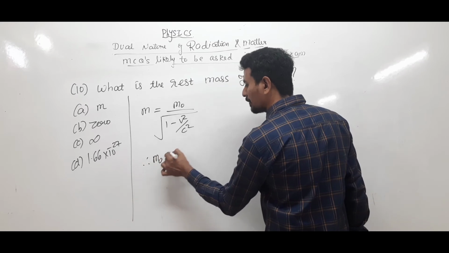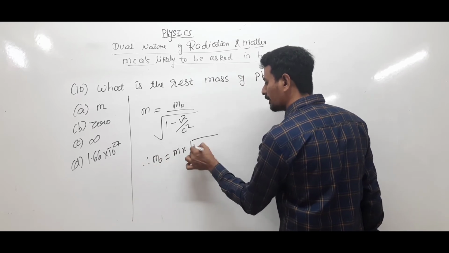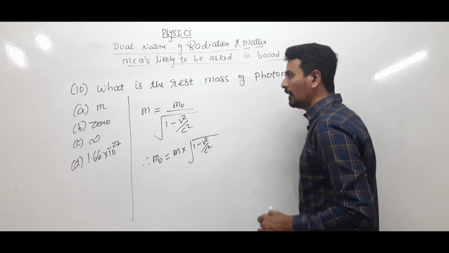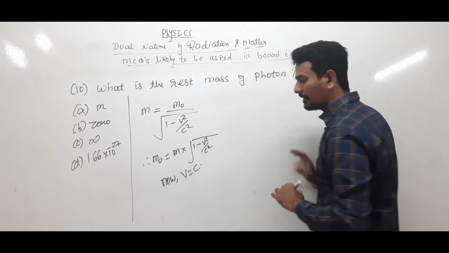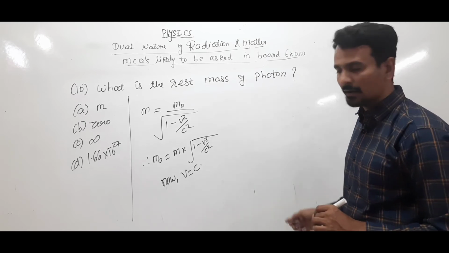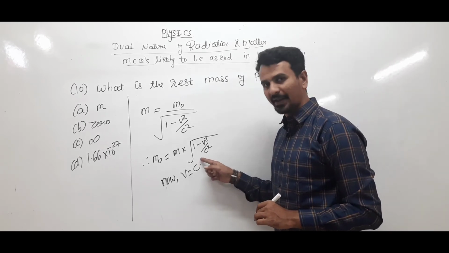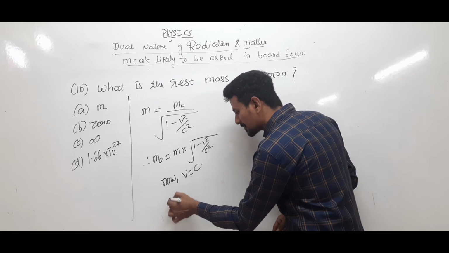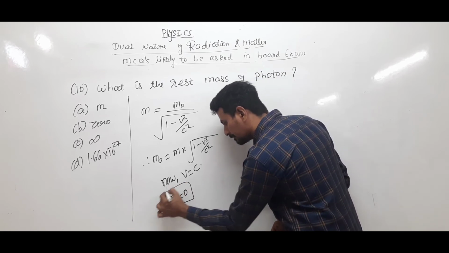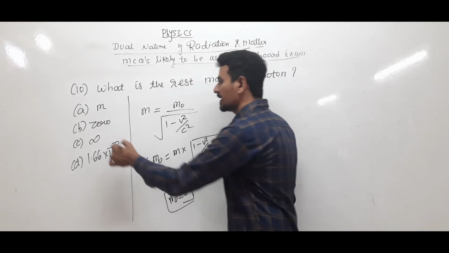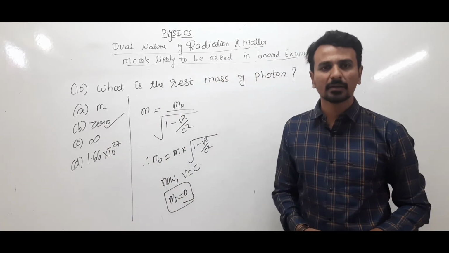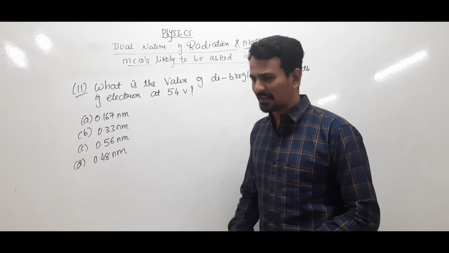Therefore, m0 is equal to m into root of 1 minus v square by c square. Now, the photon travels with the speed of light, so this will be 1 minus 1, which is 0. So the rest mass of the photon will be 0. Clear? Fine. So your answer is B.